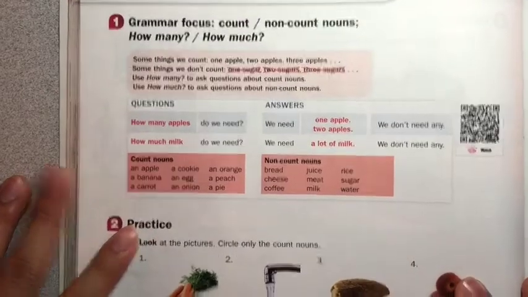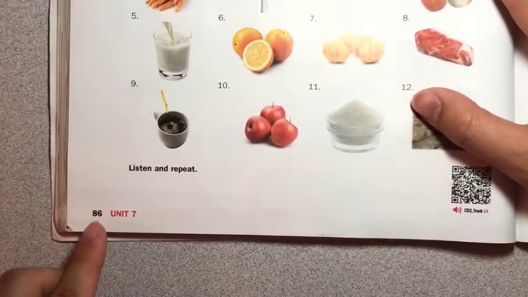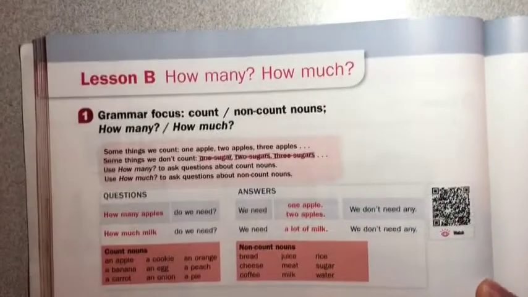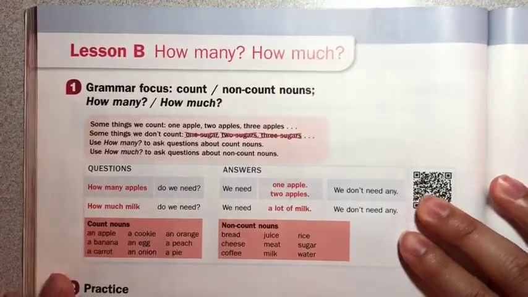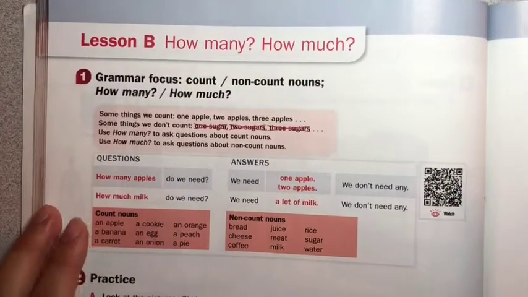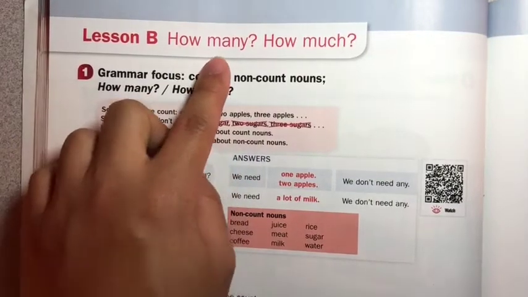Okay. Now let's start lesson B. How many, how much? Lesson B is on page 86. So in this lesson, we're going to learn the questions how many and how much. When we ask how many, we're asking for something you can count.